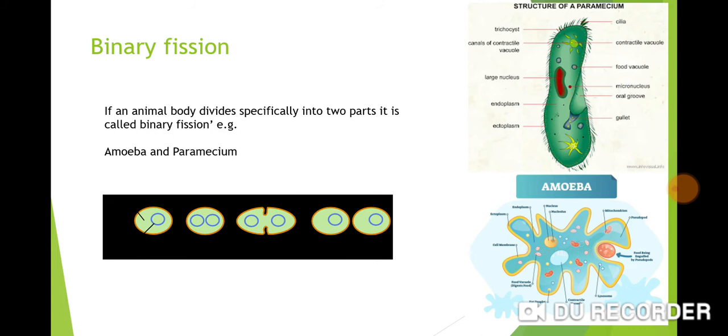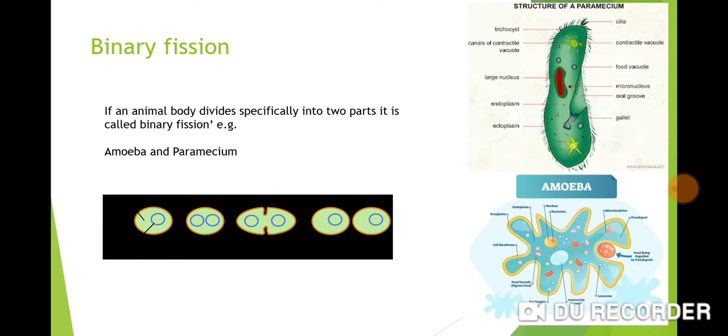So in reproduction, there are many types of reproduction in plants. One was pollination. Second of them is known as binary fission.